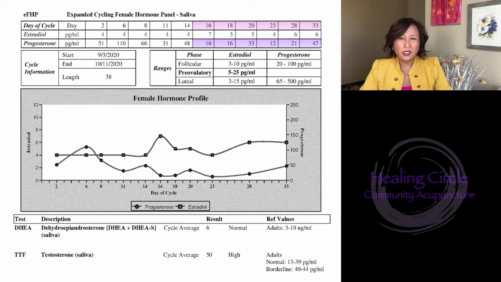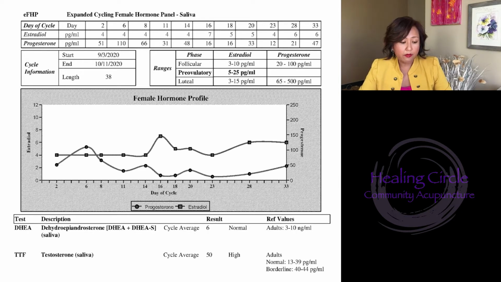So that's a little bit too low for progesterone, especially past ovulation. When she did the spit test, there was no obvious ovulation for her, so that was also another cause of concern for us to further investigate if she has a history of PCOS or endometriosis.